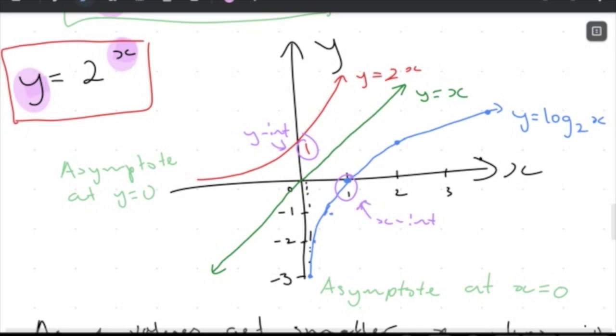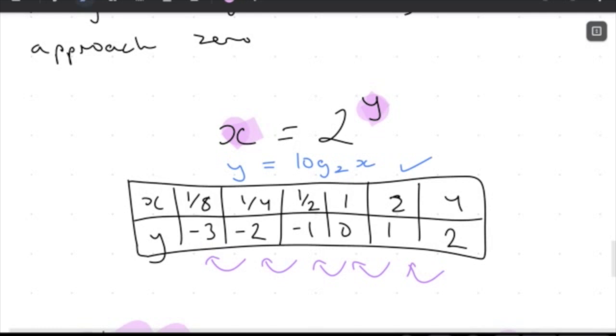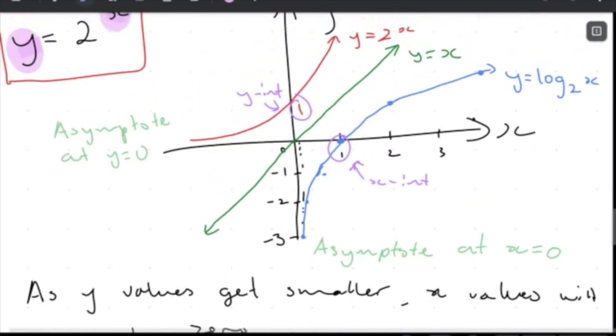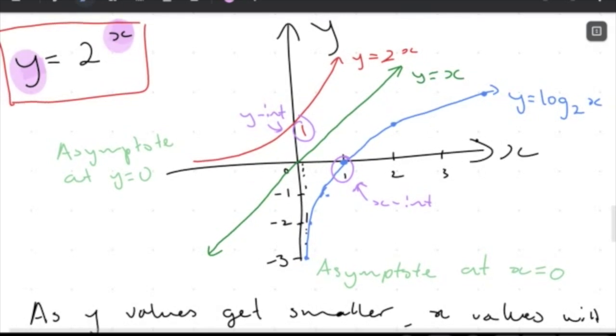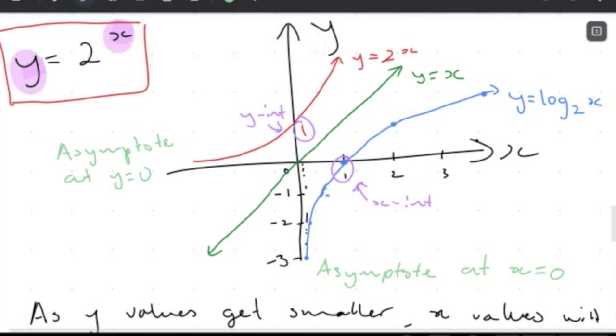It is its inverse. And we get to this by considering exponential and log form. So once we know about the exponentials, it can tell us a lot about the logs. But the basic shape for a logarithm, this one has a base of 2, is going to be something that looks like this.